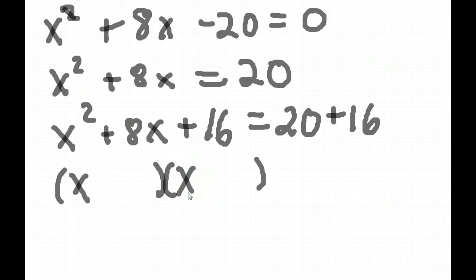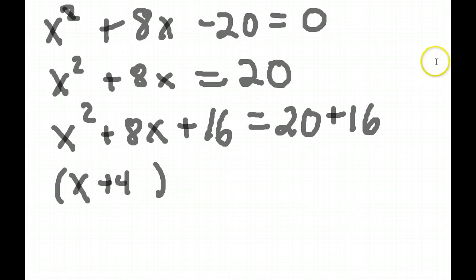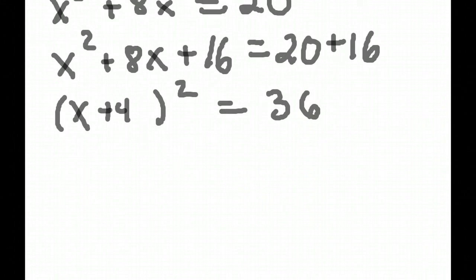It would be x plus 4, squared. Exactly, that's exactly it. Right. So now what do we have on the right, since we added 16 to each side? 36. Okay, so now on the left we have (x plus 4) squared. On the right we have 36.